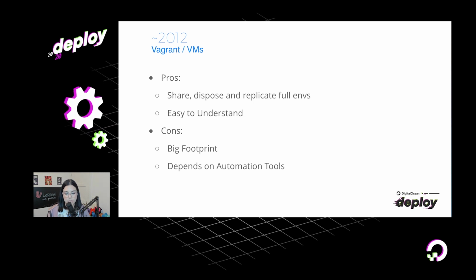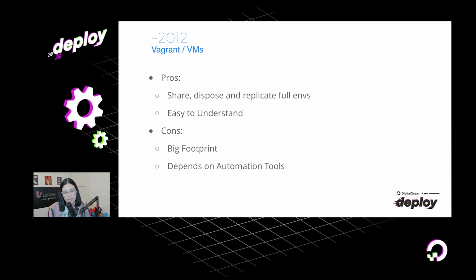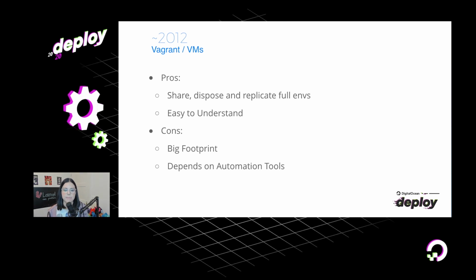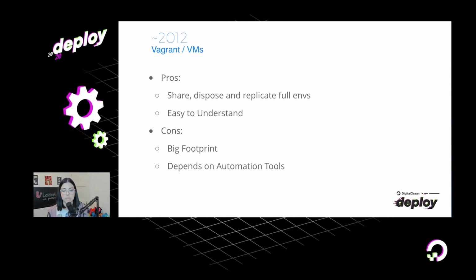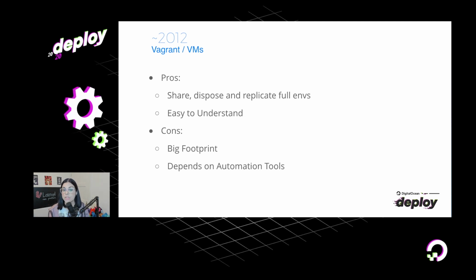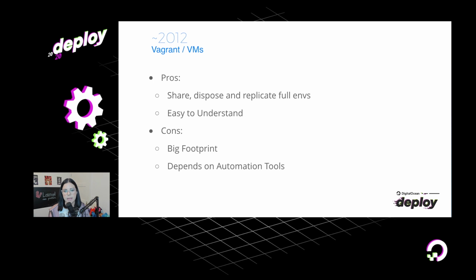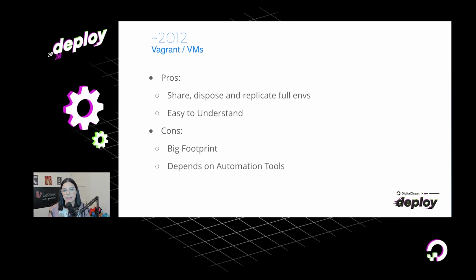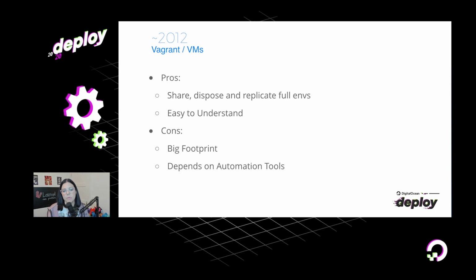Although virtual machines are easy to understand because they are kind of an old technology, they have a very big footprint, so it consumes a lot of memory. And also sharing files is a bit difficult, so those are some of the problems with that setup.